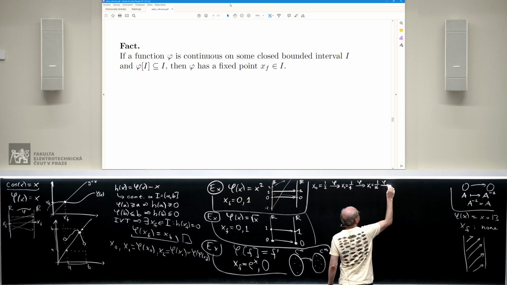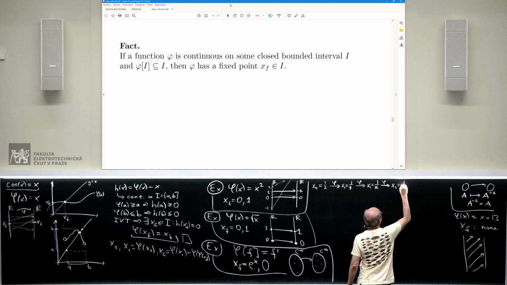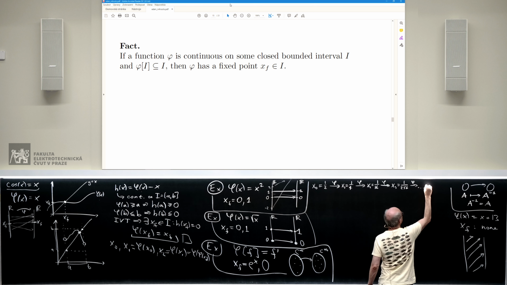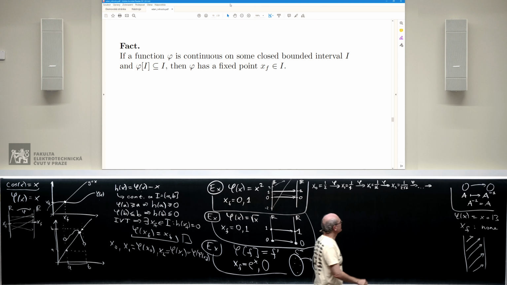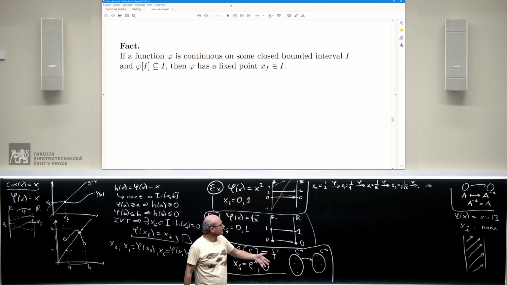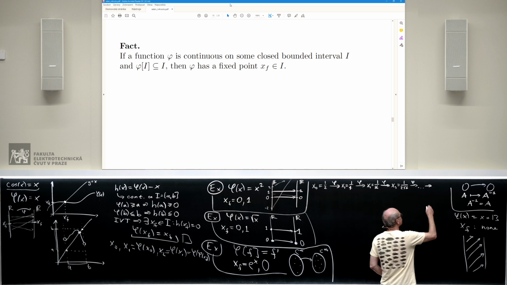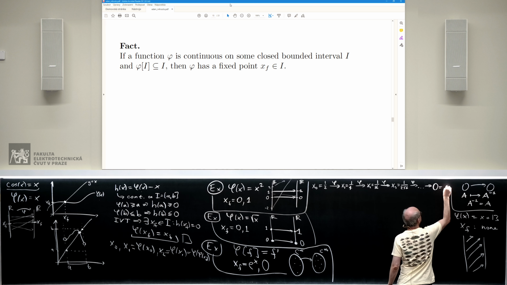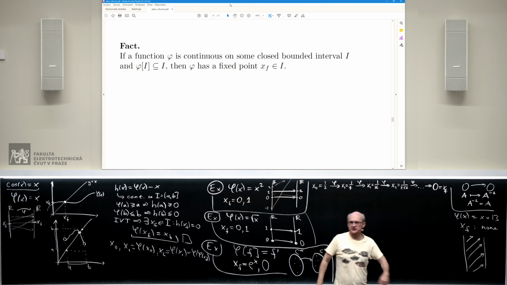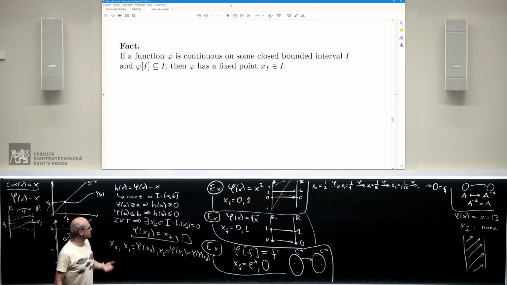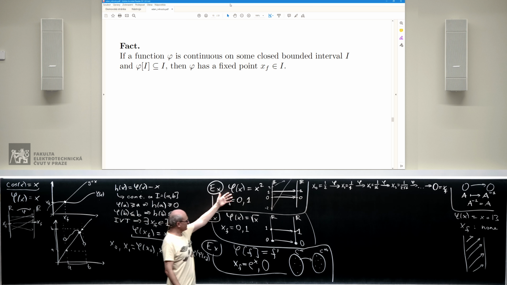And I apply phi again, and I get x3, which is 1/256. And I apply phi again, and I keep going. And, well, I think it's obvious where we are heading. I hope you can see it for yourself. This actually goes to 0, which is my fixed point. So this crazy idea of repeated application of the function phi actually seems to work for this example.